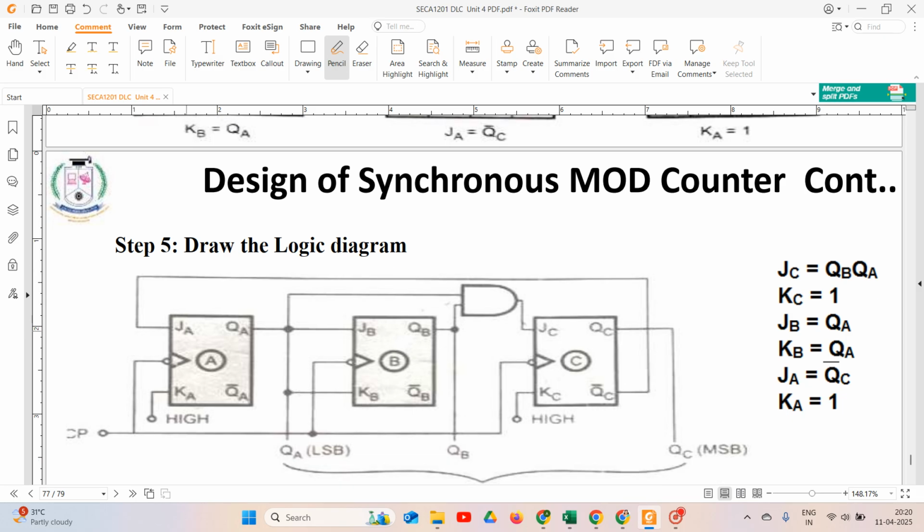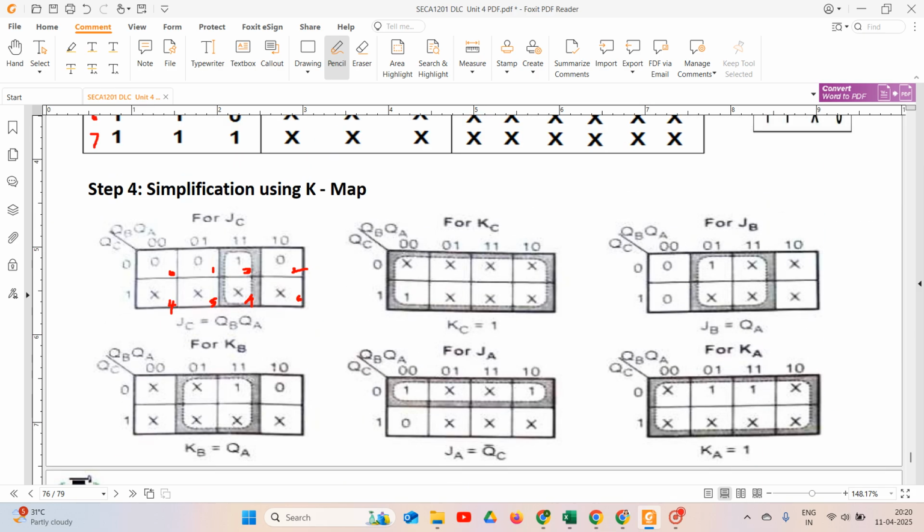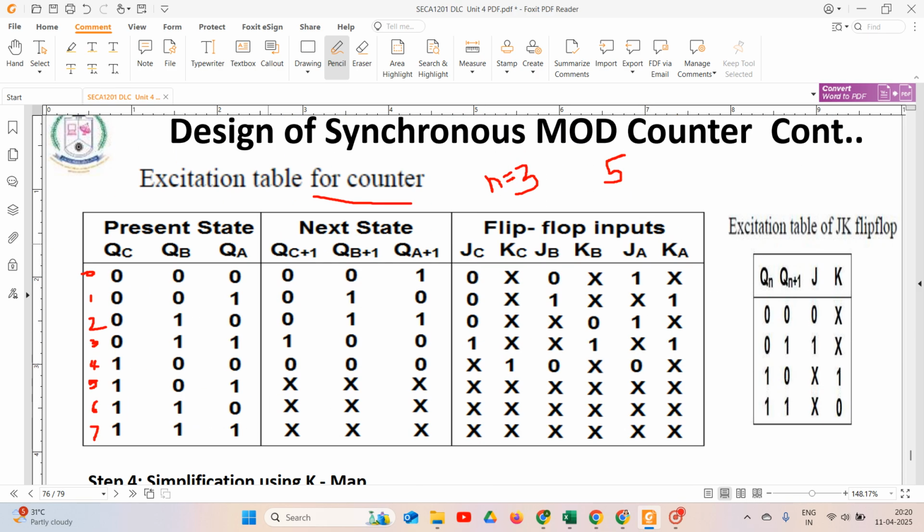So we have totally 6 inputs. For each flip-flop we have JA, KA, JB, KB, JC, KC. So 6 inputs and 3 outputs. That's why here we have written QA, QB, QC.